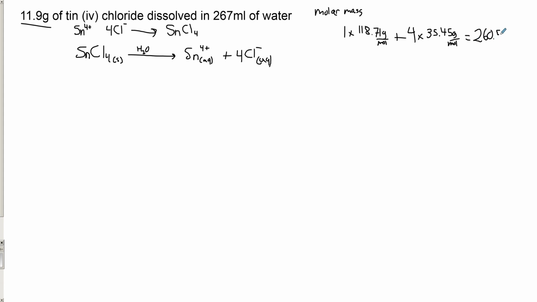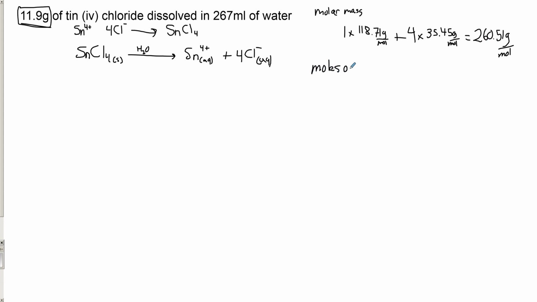So now I can go from grams of tin chloride to moles of tin chloride. So over here I'm going to say moles of SnCl4.